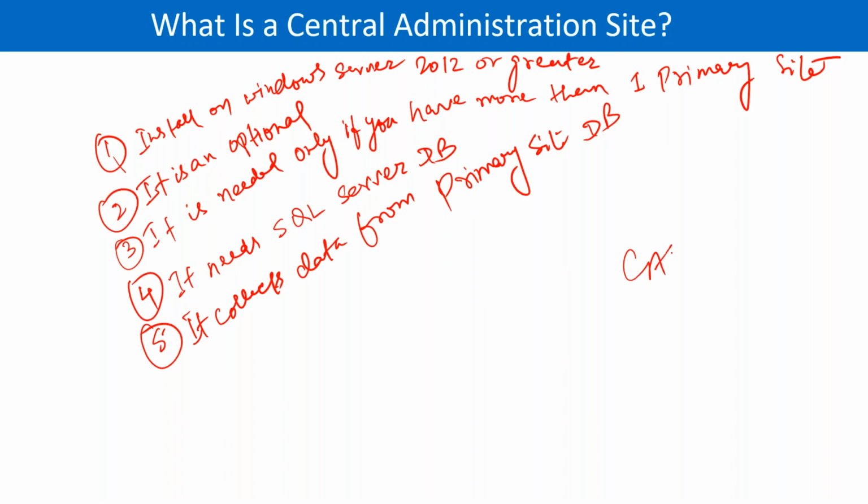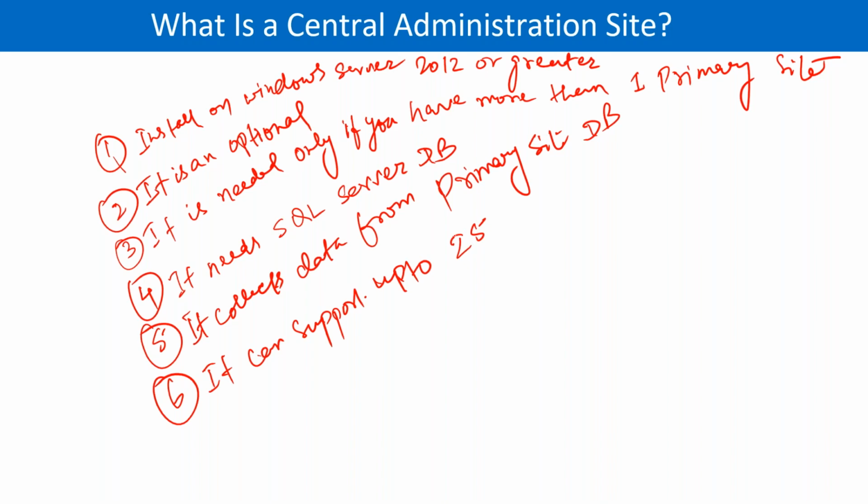As I mentioned, CAS has a database, right? And from where will this data come? From the primary site database. So the primary site is going to send the data here, and it is going to store the data. Point number 6, it can support up to 25 child primary sites.